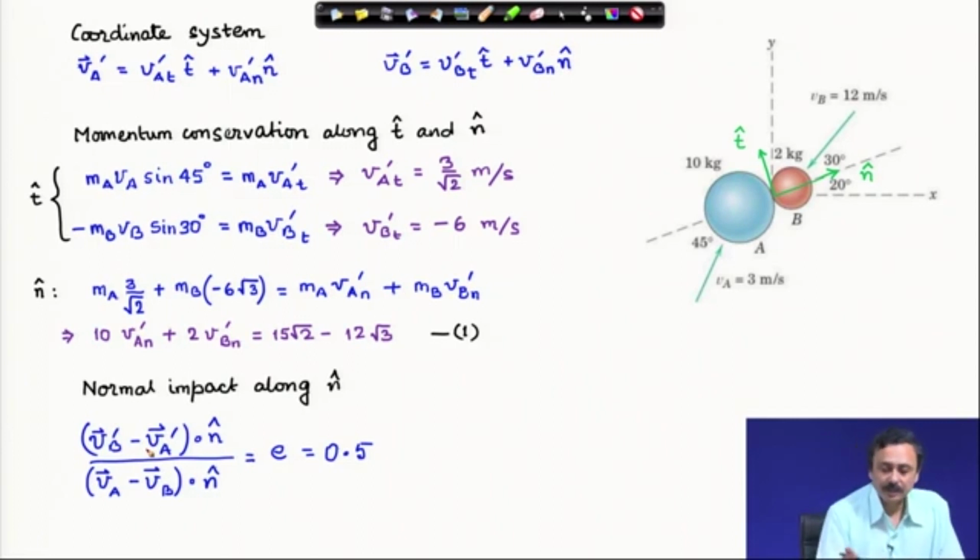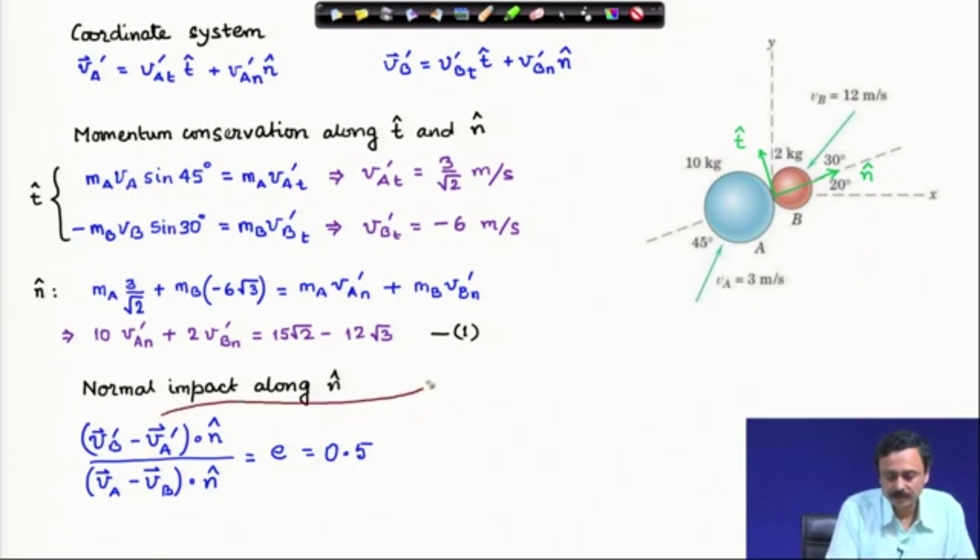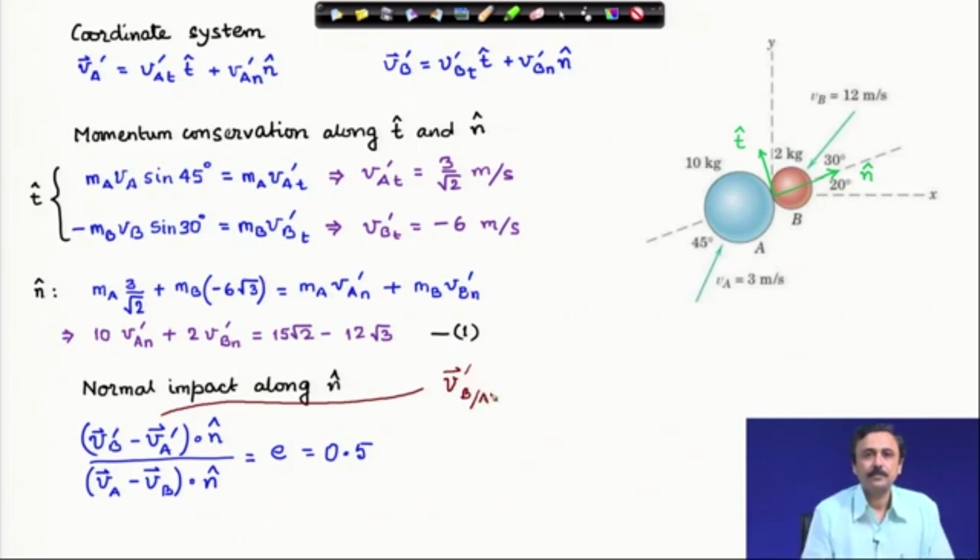The difference between these two is nothing but, therefore, the numerator, V outgoing of B relative to A. V B relative to A prime, where prime indicates after impact, means the relative velocity of B as seen by A after the impact.